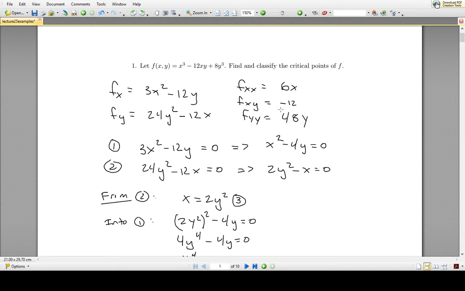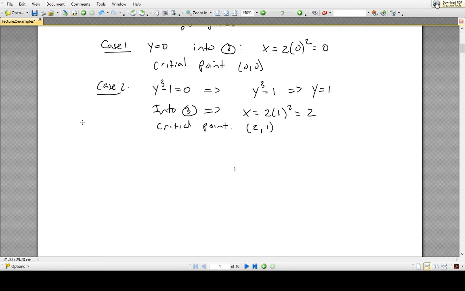So let's calculate D for each of these critical points. For critical point 1, which was 0, 0, D is equal to fxx at 0, 0 times fyy at 0, 0 minus fxy at 0, 0 squared.